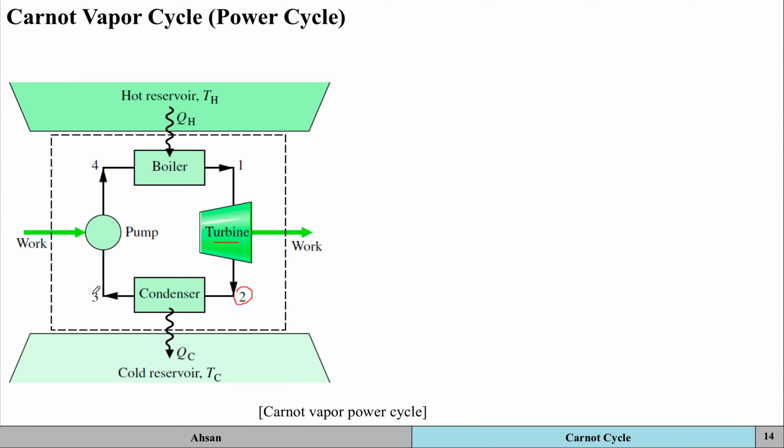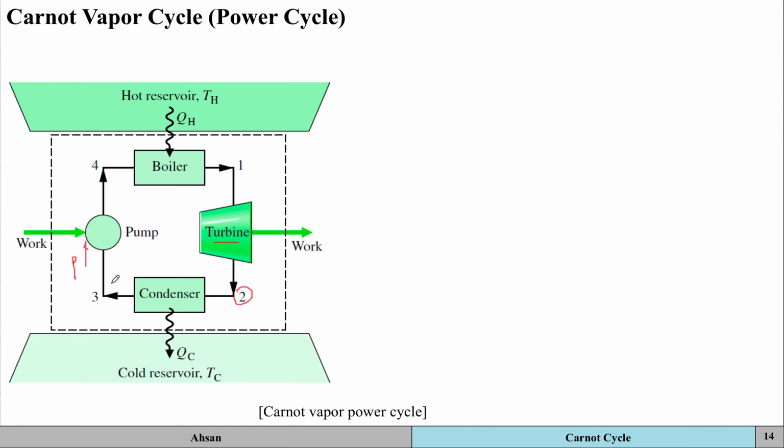So the pump receives this two-phase liquid vapor mixture from the condenser, and it returns it adiabatically to the state at the boiler entrance, which is at 4. Okay. So you're doing this work over here to increase the pressure. So the pressure is increasing from state 3 to 4.